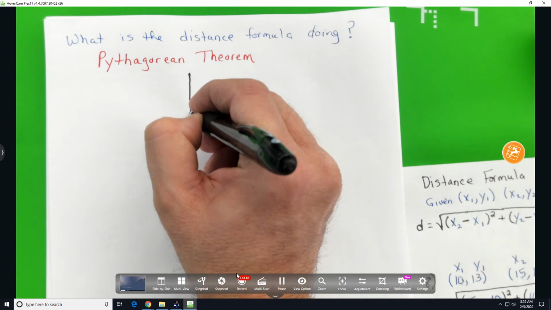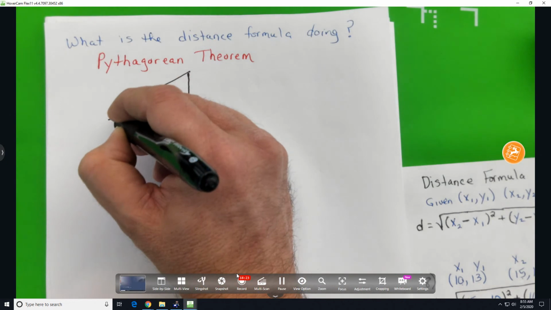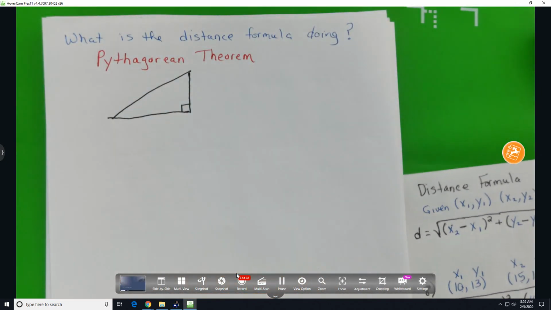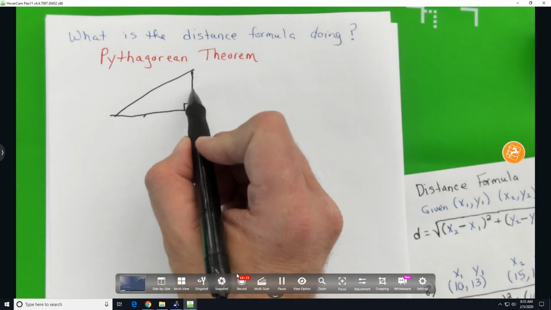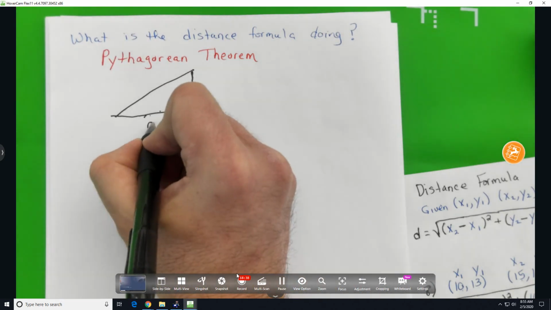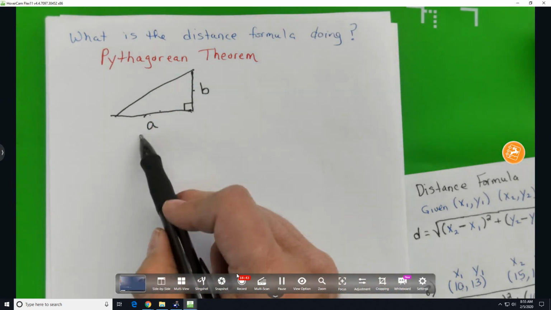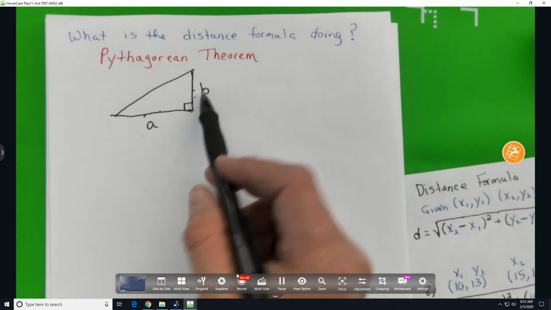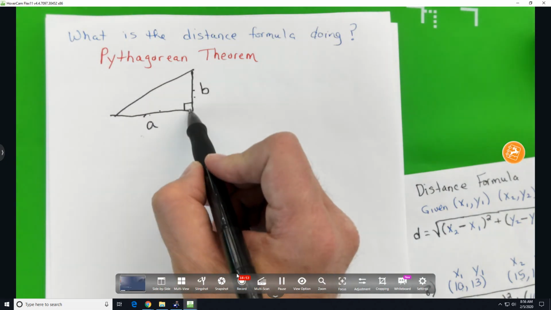It involves a right triangle. That's a triangle that has a 90-degree angle right there. If you have a right triangle, the two shortest sides, the sides that form the 90-degree angle, are called legs, and I'm going to call those A and B. Does anyone remember the name for the long side that's opposite the 90-degree angle?